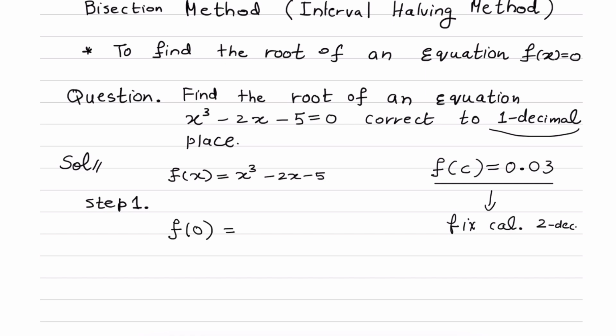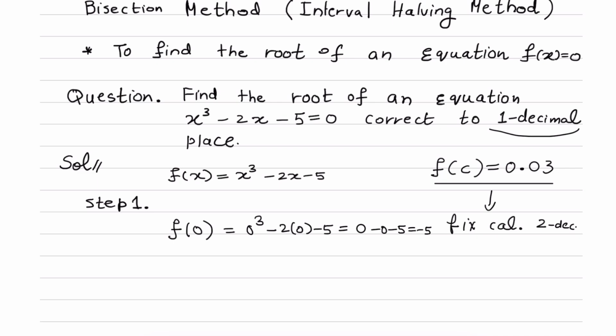To find the interval, this is what we do. We pick numbers randomly and find the values of the function at those numbers. We start with f of 0, which gives 0 cube minus 2 into 0 minus 5, which is minus 5.